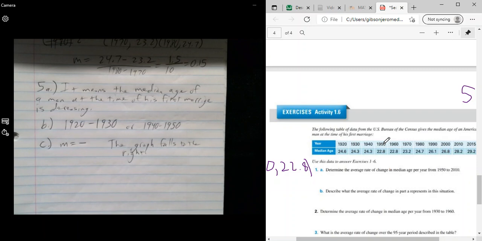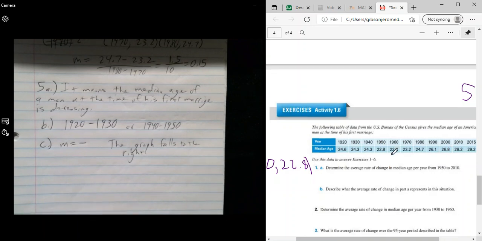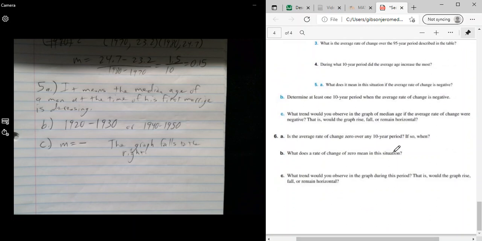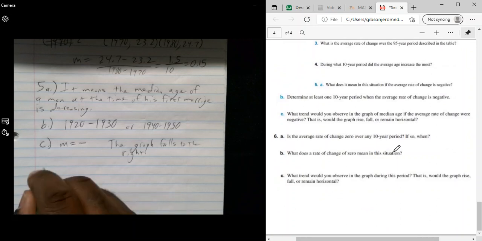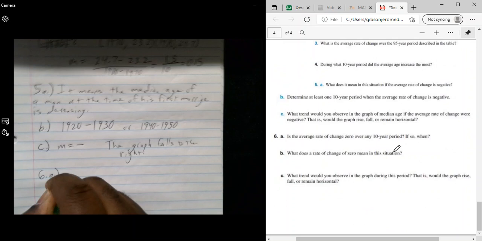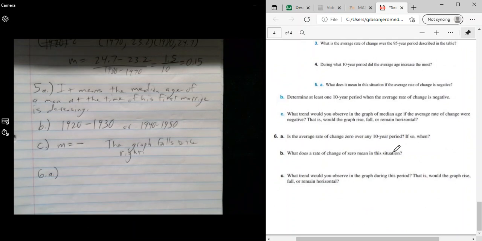All right. So now we go here to problem number 6. 6A, B, and C, and that would be it for this exercise. Okay, 6A, is the average rate of change 0 over any 10-year period? If so, when?